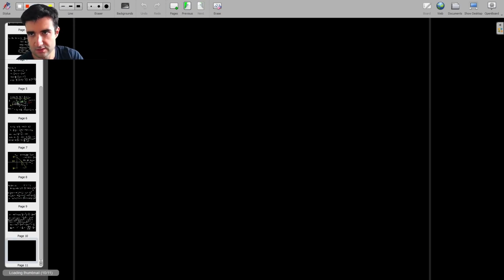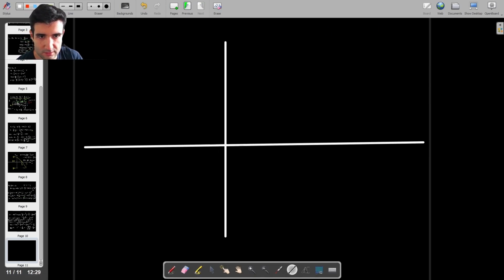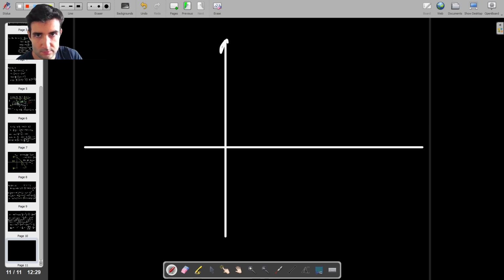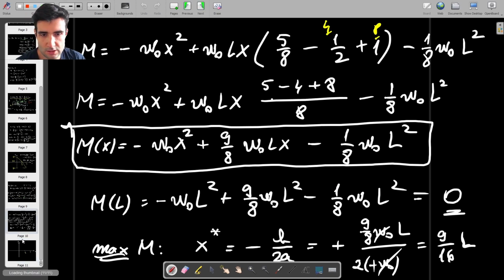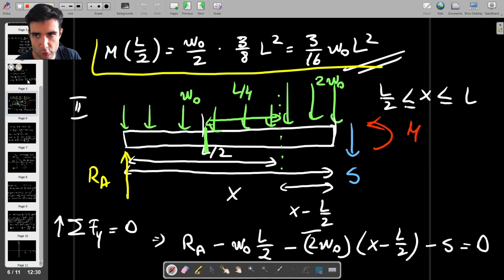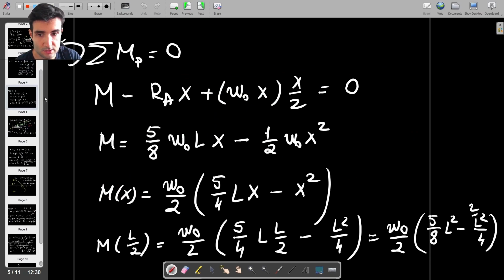So let's try to plot this, and that's going to be the end of everything. So we have bending moment, we have x, and then we have half the length, and then we have L here as well. First I'm going to try plotting the bending moment for the left-hand side of the beam, which is equal to this.